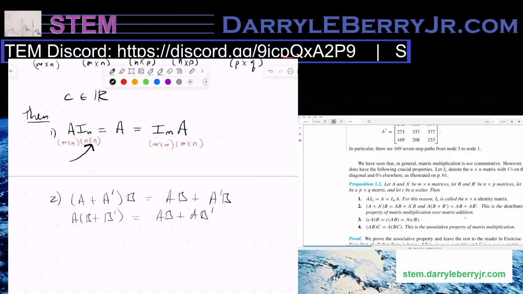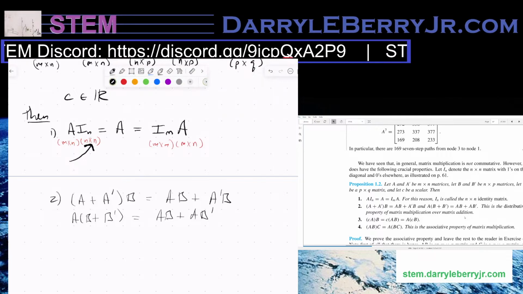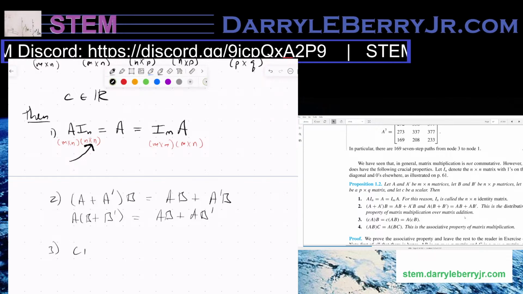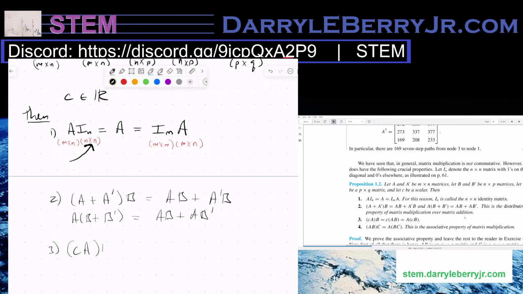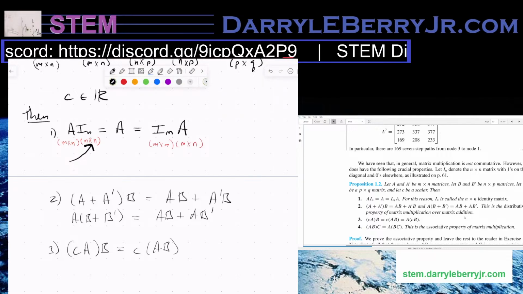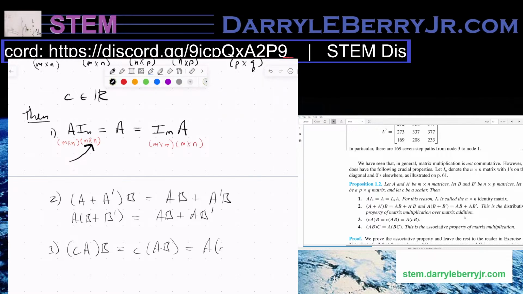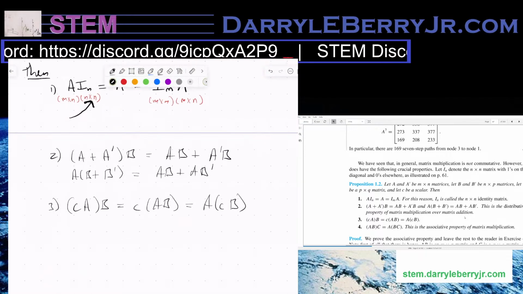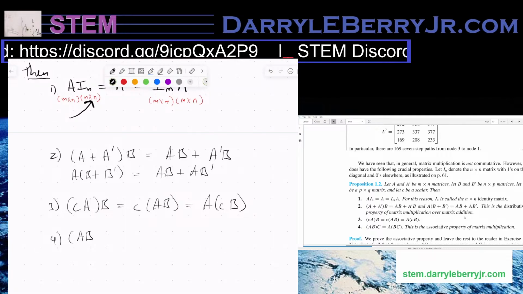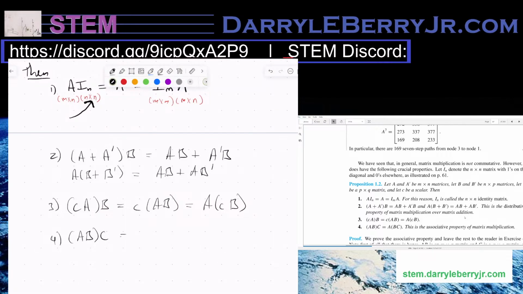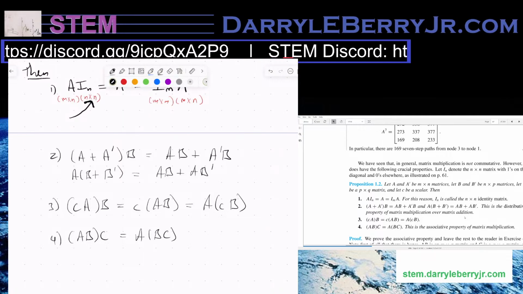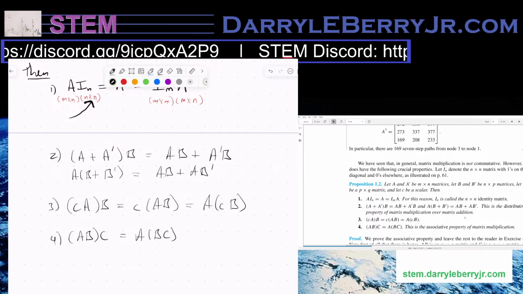This is the distributive property of matrix multiplication over matrix addition. Three, c(AB) equals (cA)B equals A(cB), and four, (AB)C equals A(BC). This is the associative property of matrix multiplication.